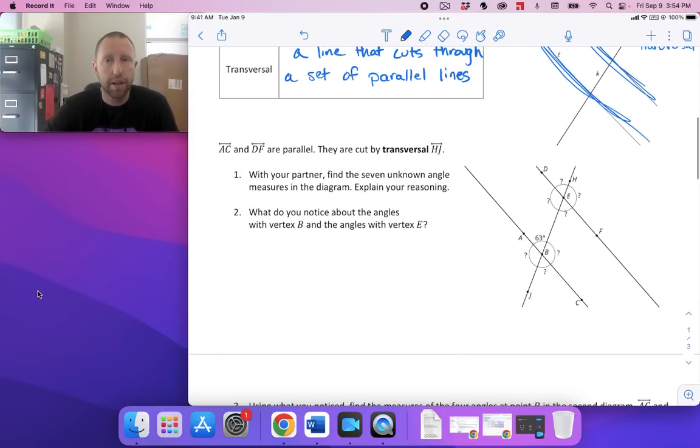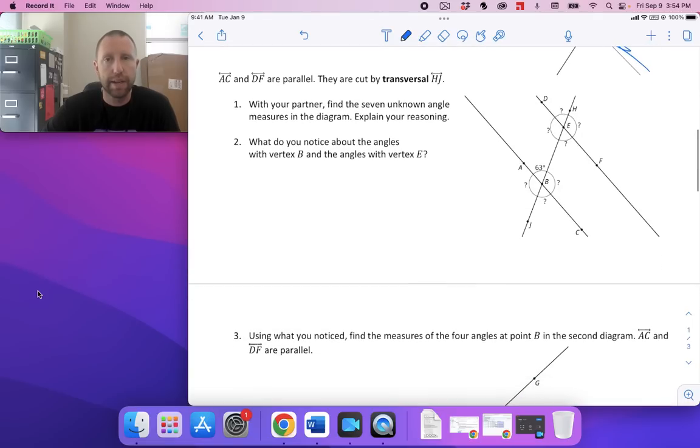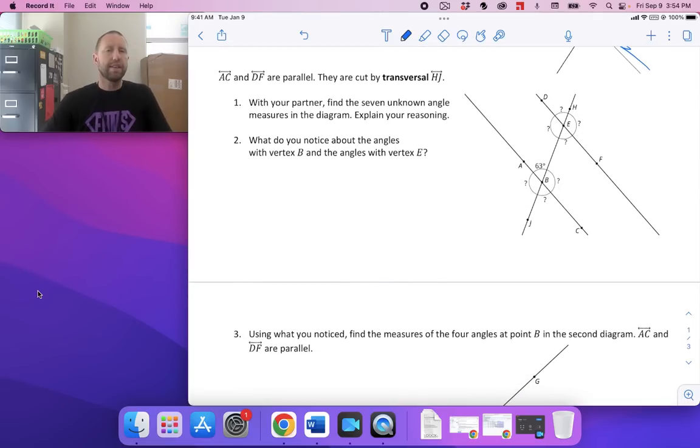It says here, so now that we know what transversal means, we can actually answer this question. It says here, lines AC and lines DF are parallel. They are cut by the transversal HJ. So you can see that there. Here's line AC.